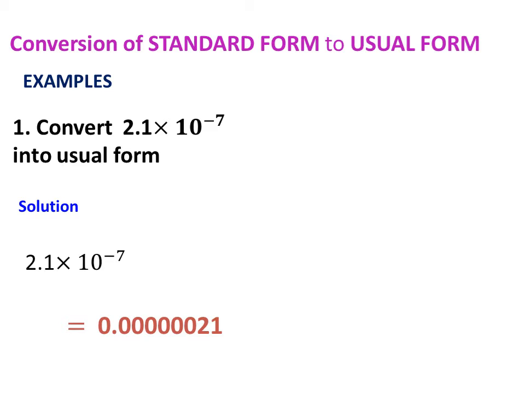That's why we move the decimal point from right side to the left side. After 2, we do not have any numbers, so we add zeros in the place before 2. That's why we get 0.000000021 as our answer.